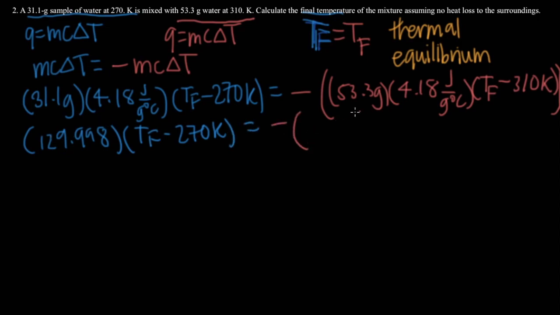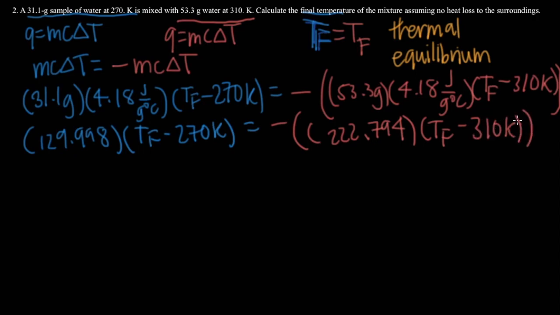And on our left-hand side, we have to solve for 53.3 grams times 4.18, which is 222.794 times our final temperature minus 310 Kelvin.